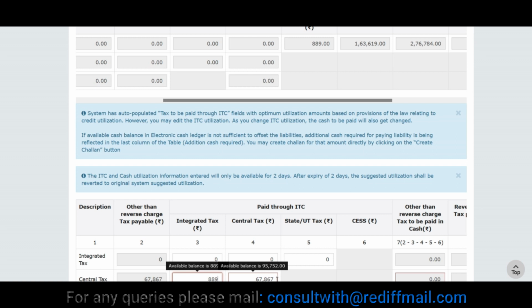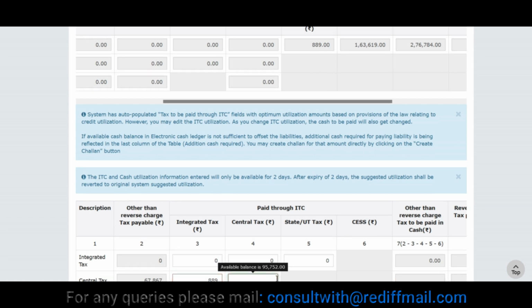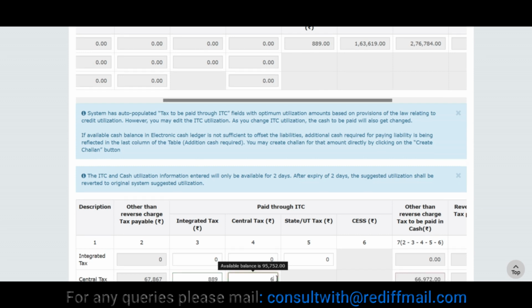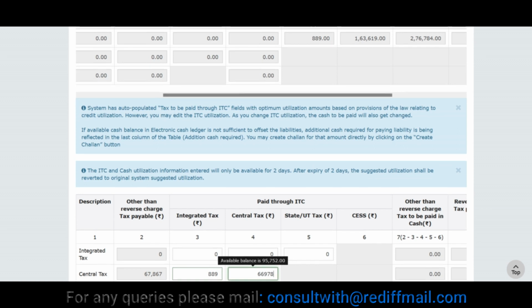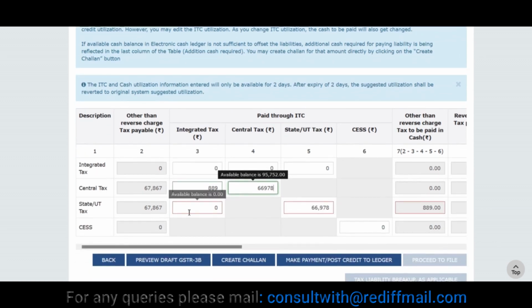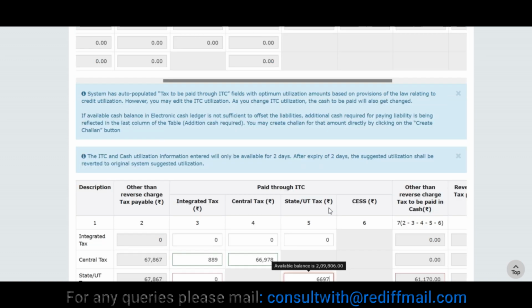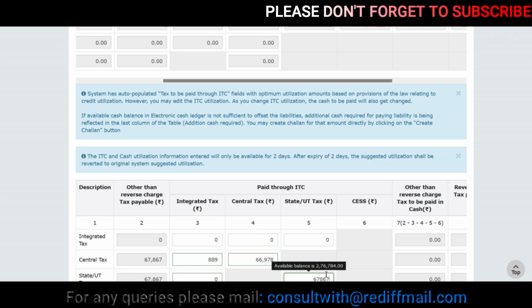If it is 889, then you have to reduce this figure also. That is 66978, and this is 67867.